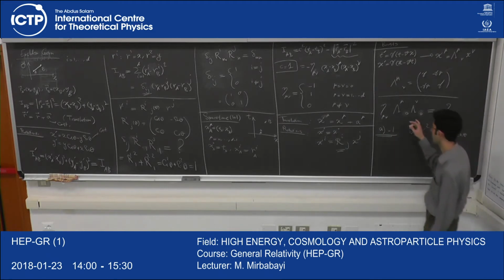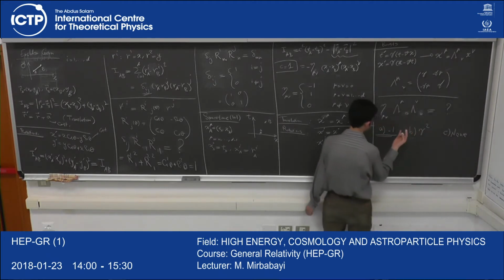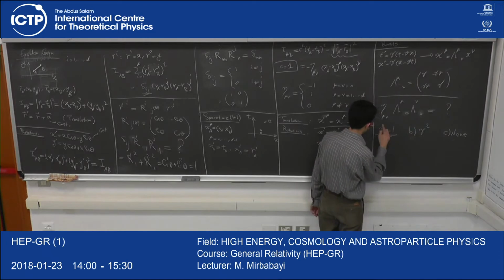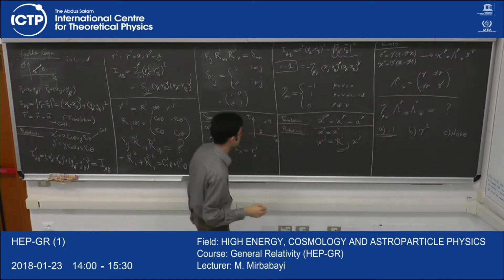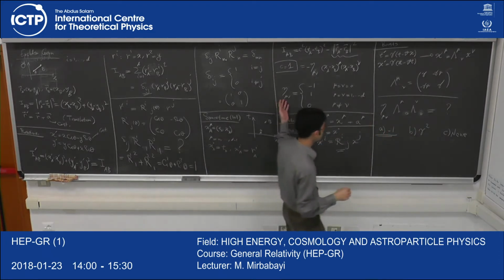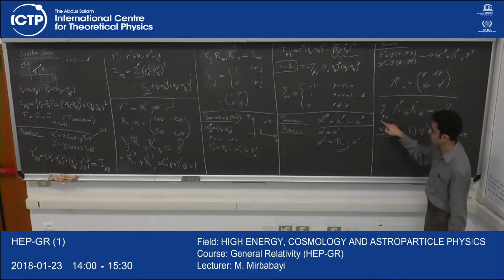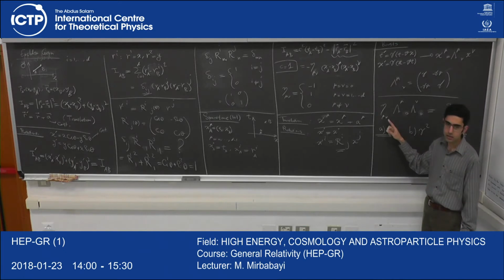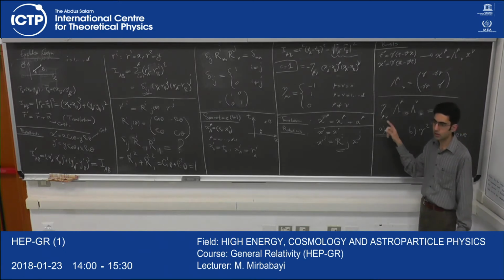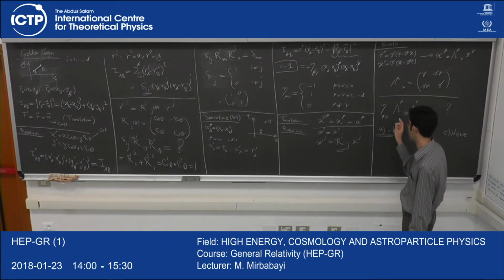And again, the way we can show it is just using the summation convention. Eta mu nu is diagonal, non-zero only when mu and nu are the same.